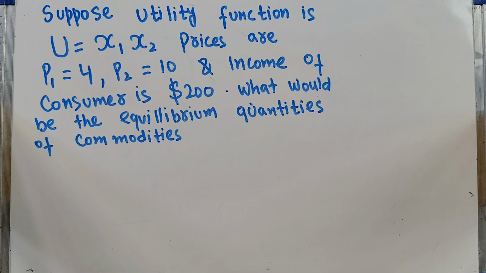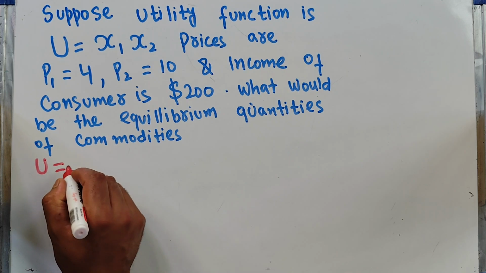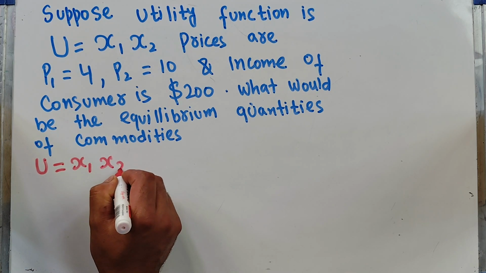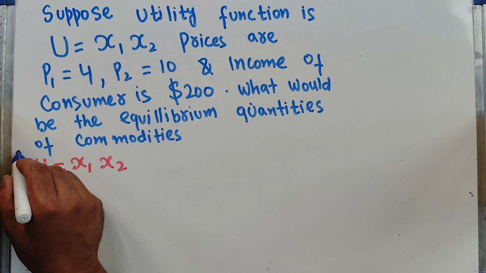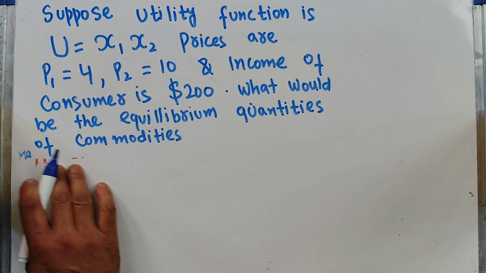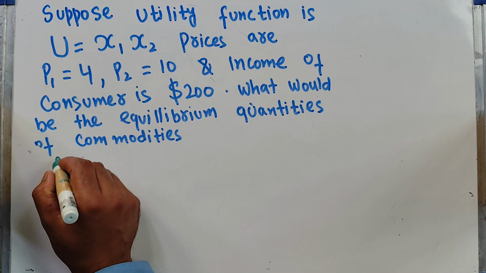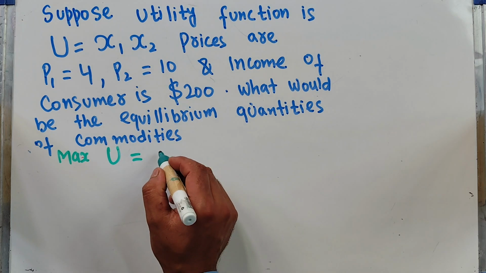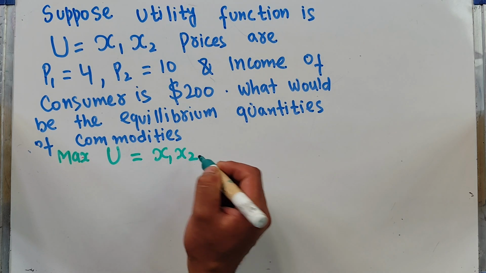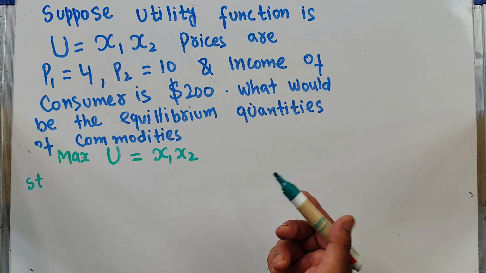So basically we have the utility function as u equals x1 times x2. What exactly happens? The consumer wants to maximize the utility derived from consuming goods x1 and x2, subject to the constraint that he is facing.